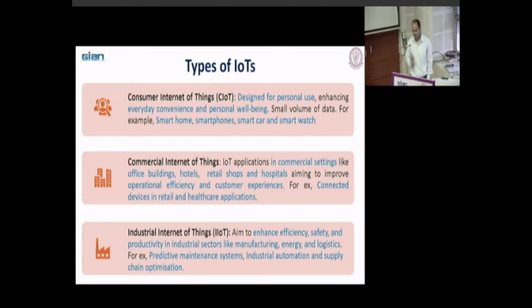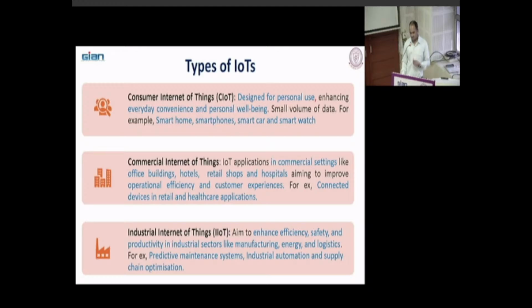Okay, designed for personal use, enhancing the well-being, everyday convenience. And what is the data type here? Do you collect a huge amount of data like your supply chain? No, small volume of data. Suppose you are taking the example of a smartwatch. How many steps are you taking? What is your heart rate, what kind of activity are you doing?